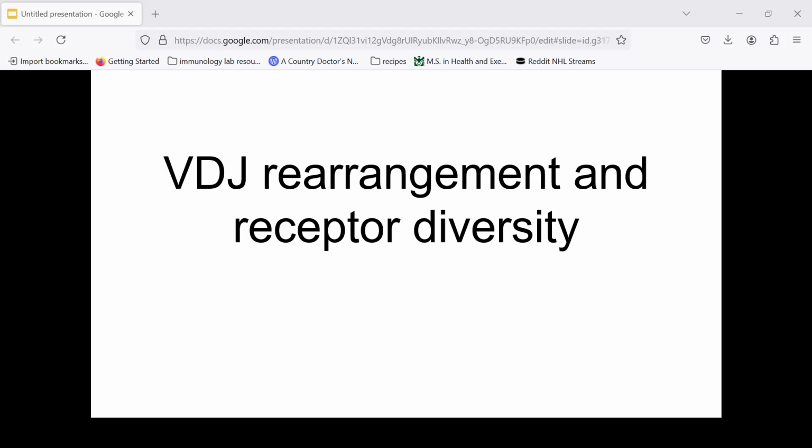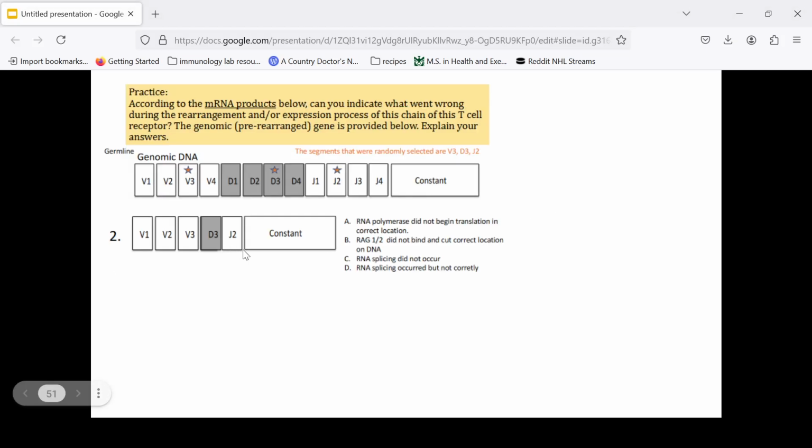Anything else? Do we feel decent? Cool. Yes, this one. So anything that's wrong with the main section is RAG1 and RAG2's fault? Well, yeah. I would say that's mostly true. Except she'll show you with those little stars which one of V, D, and J, or sorry, which one RAG1 and RAG2 are supposed to bind to.